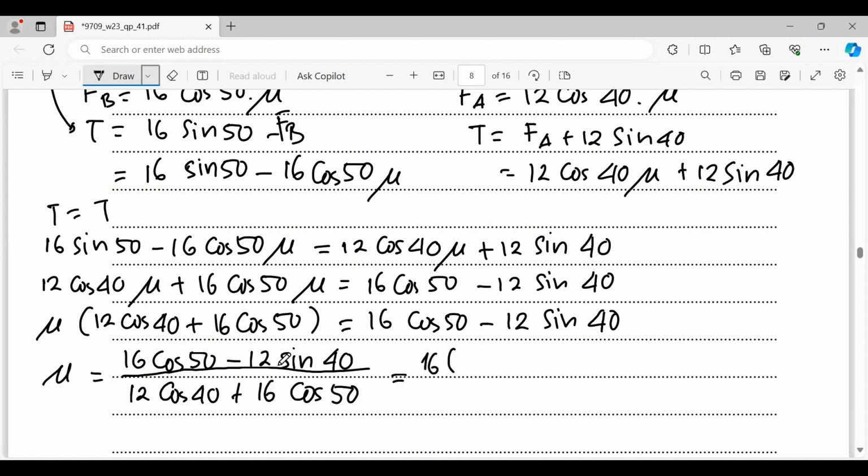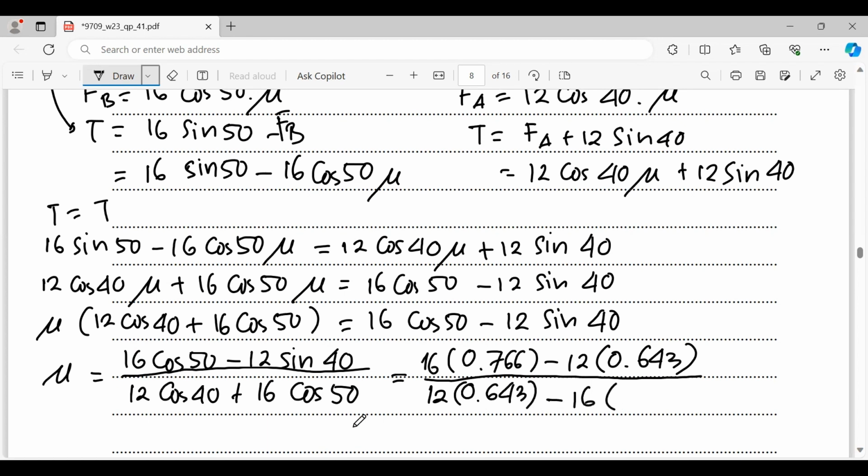So 16 times sine 50 through the calculator is 12.257, minus 12 sine 40, which is 7.713, over 12 times cosine 40, which is 9.193, plus 16 cosine 50, which is 10.284.